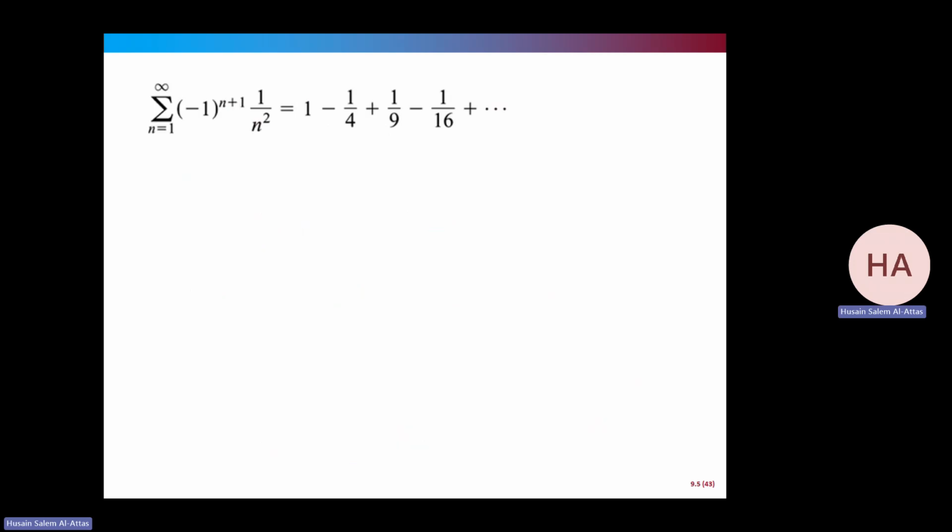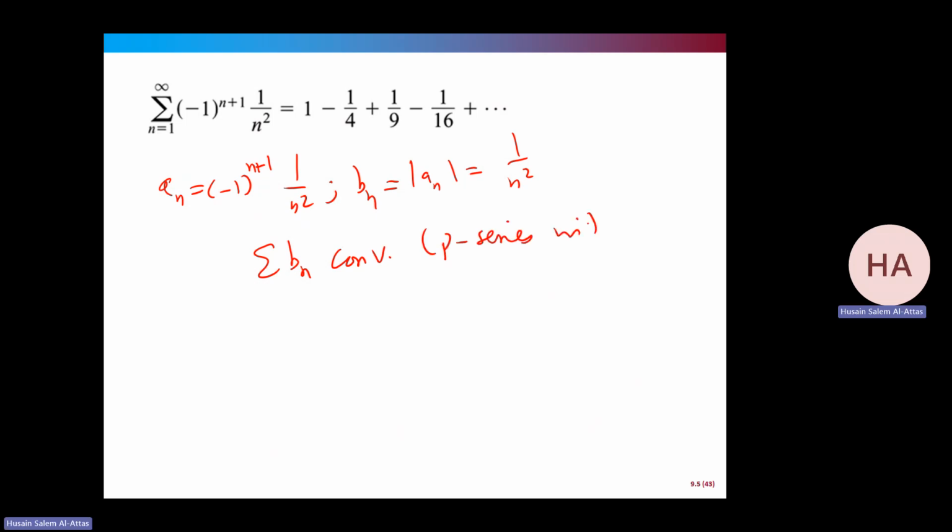This one, yeah, I think it's very clear. an is this. bn is the absolute value of an, which is 1 over n squared. This series converges.